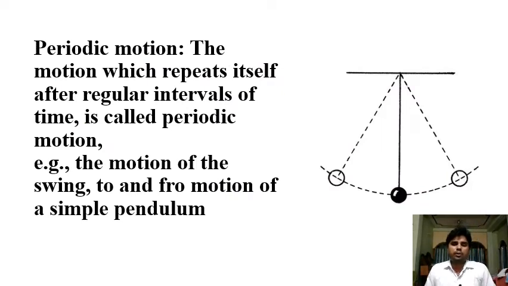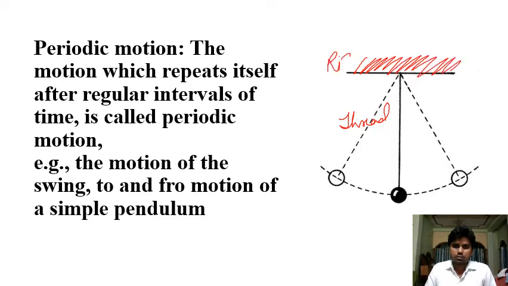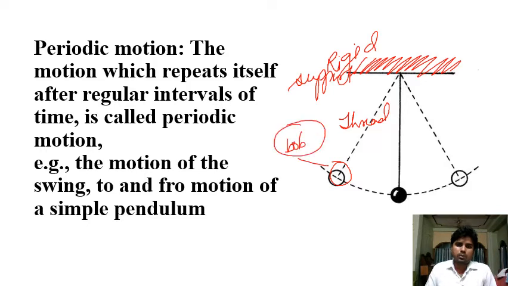Now coming to the periodic motion, students, we have learned here that this is a thread-like structure, this is a fixed rigid support, and the ball is known as the bob.